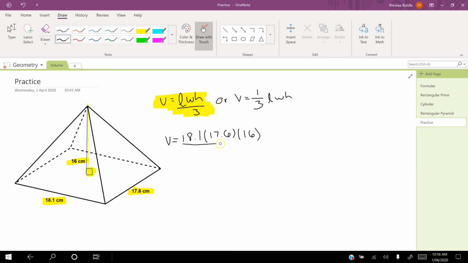And we're going to divide all of that by 3. So we want to go ahead and multiply 18.1 times 17.6. When we do that, we get 318.56. We're going to keep that 16 and that dividing by 3 because we haven't used it yet.